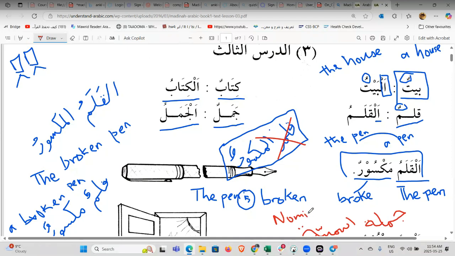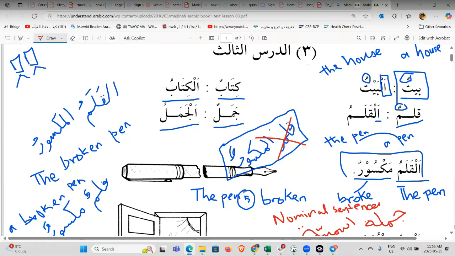Nominal because it starts with a noun. Sentence. Okay. This has covered almost all the concepts in this lesson, except for a couple.